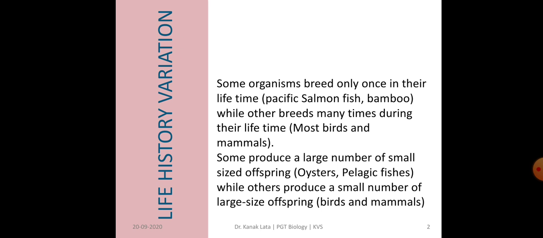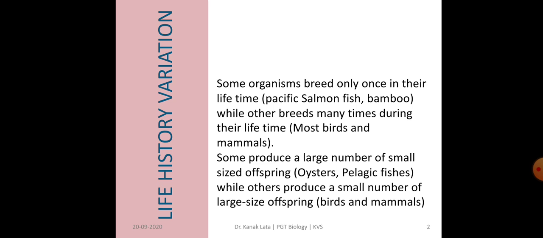We know that population increases due to the reproductive fitness of individuals present in a particular population in a particular habitat. Some organisms breed only once in their lifetime, for example Pacific salmon fish and bamboo. Other organisms breed many times during their lifetime, like most birds and mammals.